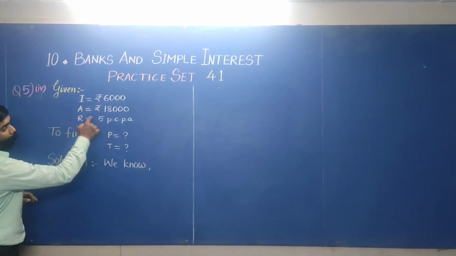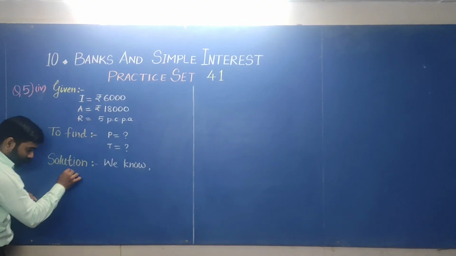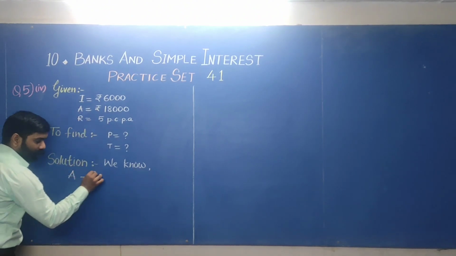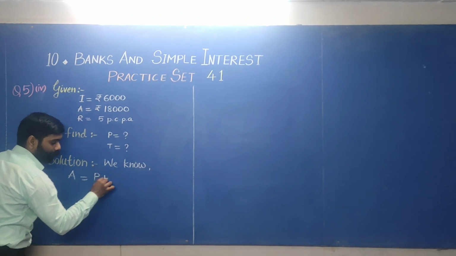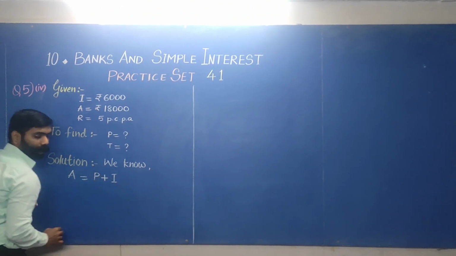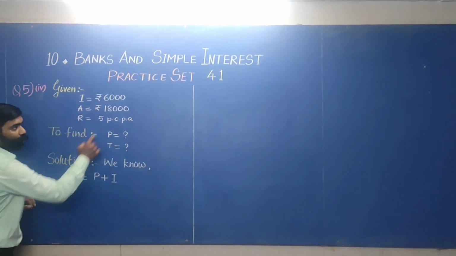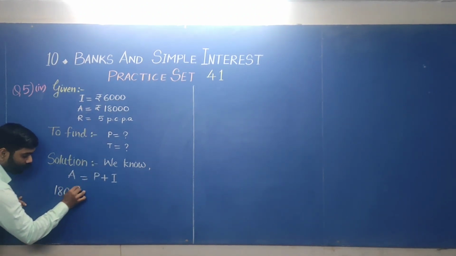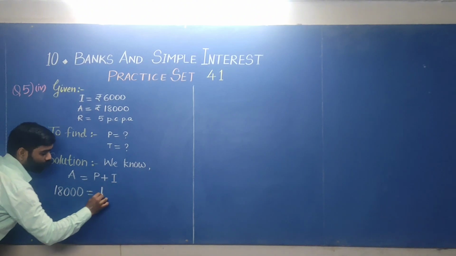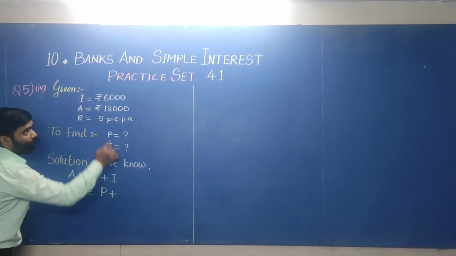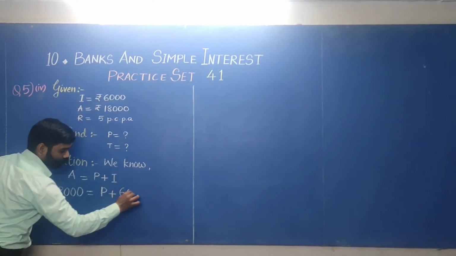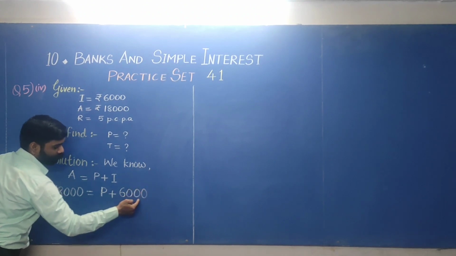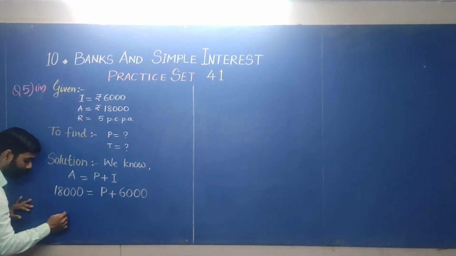We know the amount. So what is the formula for amount? Amount is nothing but principal plus interest. Here we have the value for amount, so we put 18,000. We don't know principal, but we know interest. Interest is 6,000, so this 6,000 comes to the left hand side and becomes minus.